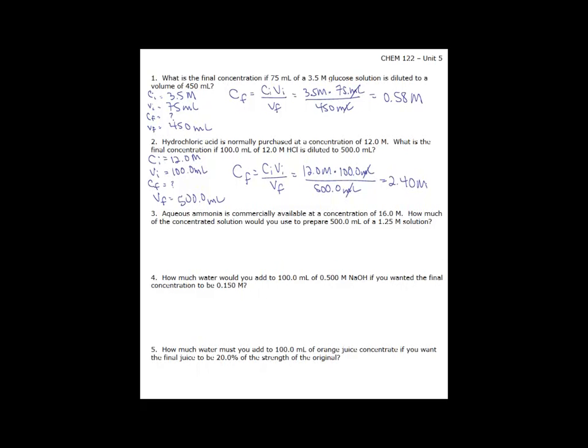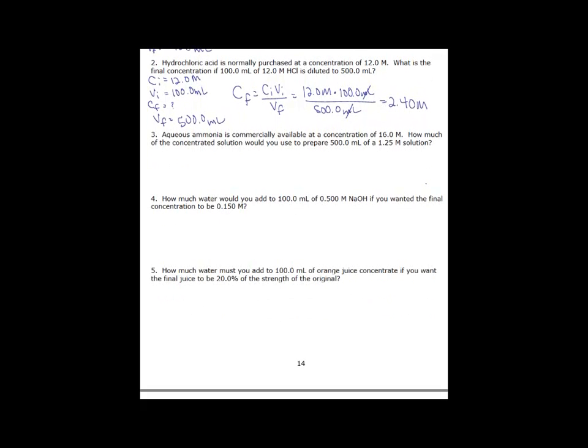Number 3, aqueous ammonia is commercially available at a concentration of 16 molar. How much of the concentrated solution would you use to prepare 500 milliliters of a 1.25 molar solution? So a lot of students have trouble with this one because they're trying to figure out what is the initial concentration.